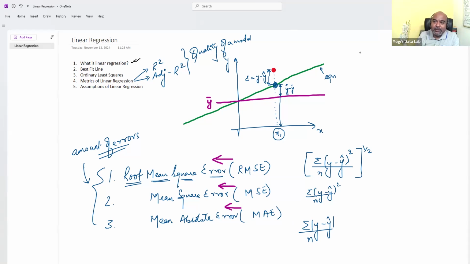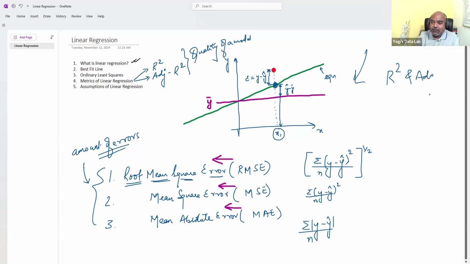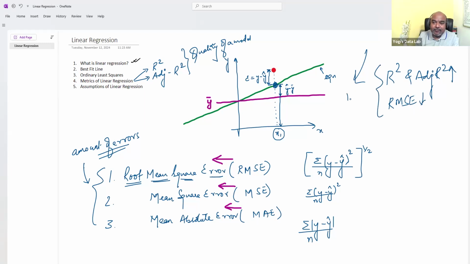So if I come back to the same problem statement where it all started, I can say that any line where the R square and adjusted R square are high and my metric for errors, mostly what we use is RMSE, is low, is the best fit line.